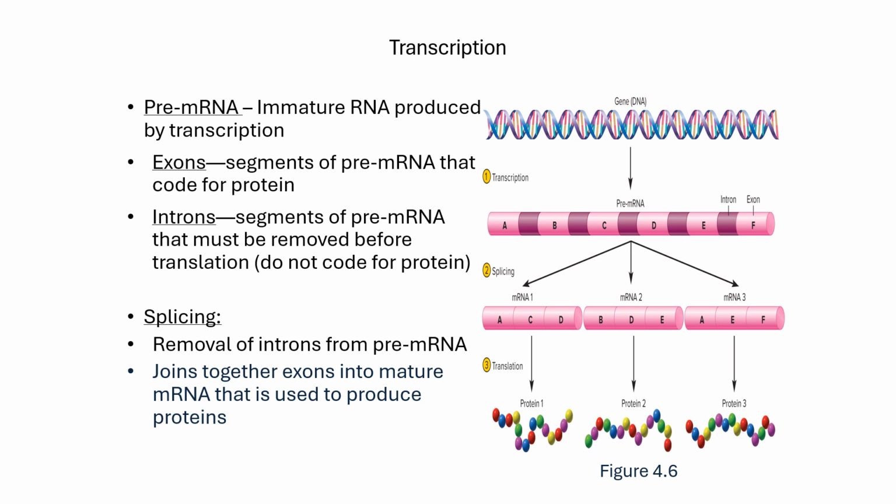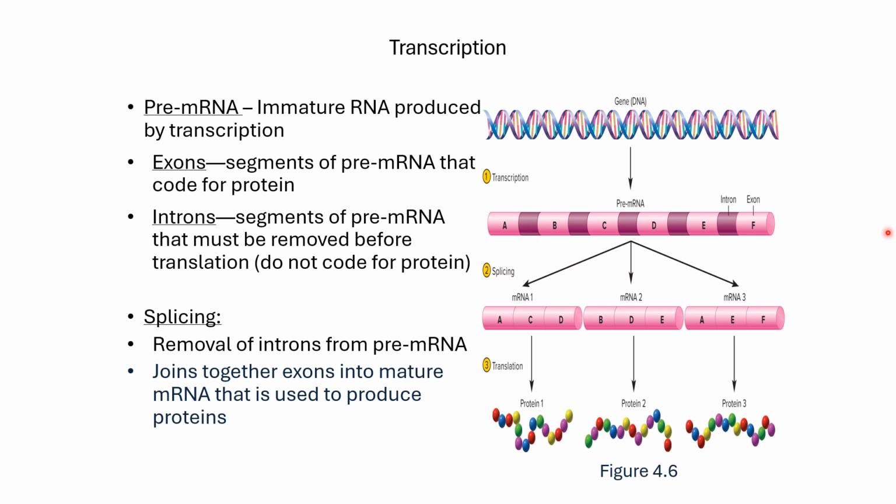Exons are the pink segments over there. You can see these are the exons, and the exons are the segments which code for proteins, and the introns are the segments that do not code for proteins. The pink ones are the exons, and the darker colored ones are the introns.